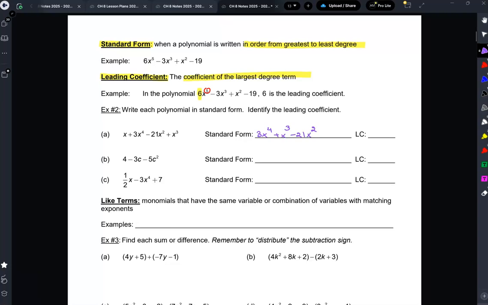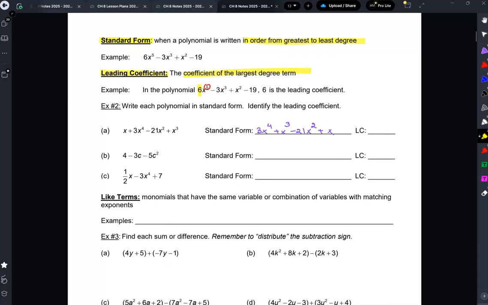Which one? The x. So do I do what? Plus x. Okay, now, this is the leading term. The leading coefficient is 3. Okay? Yeah. You do the coefficient of the highest. Correct.